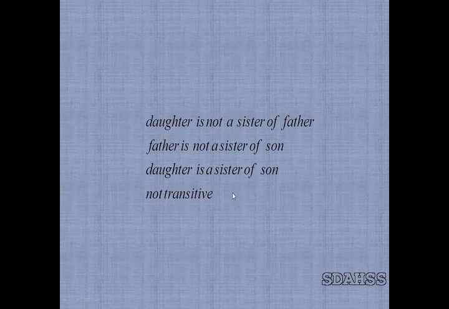So let us take one more condition, daughter, father and son. Here daughter is not a sister of father. Father is not a sister of son. But daughter is a sister of son. So it is not transitive.